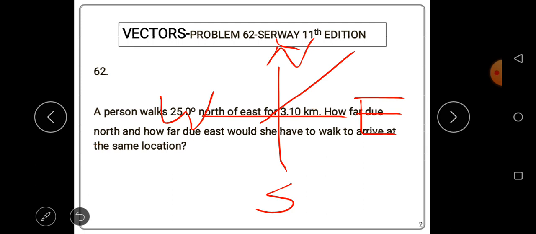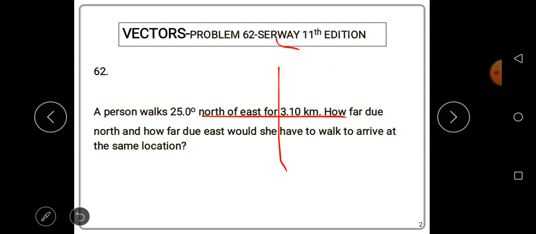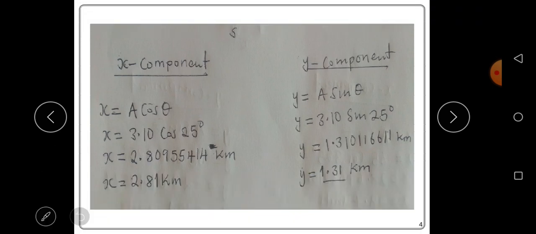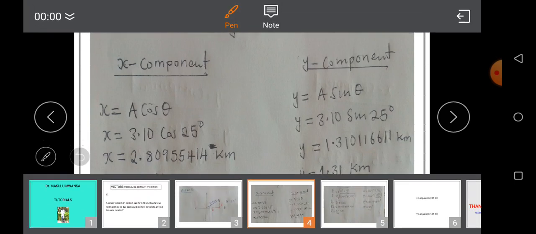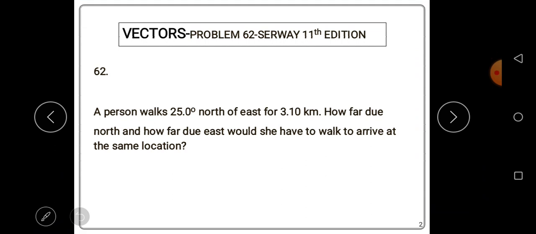What they simply mean here is finding the components, so let's write that as a vector on its own. If that is a vector, then they're asking us to find the x and y components.